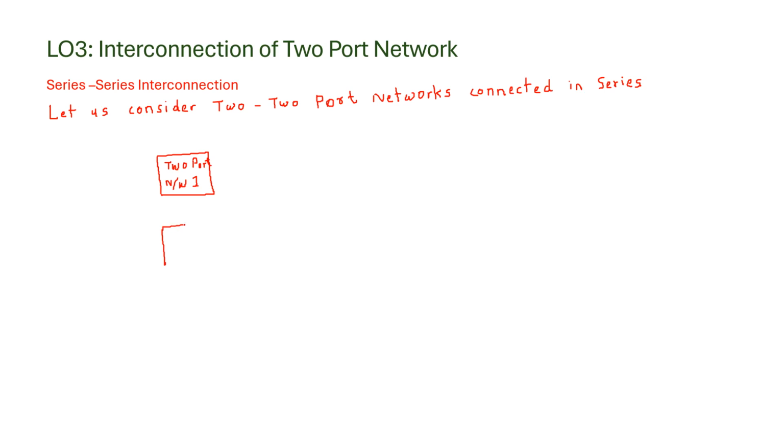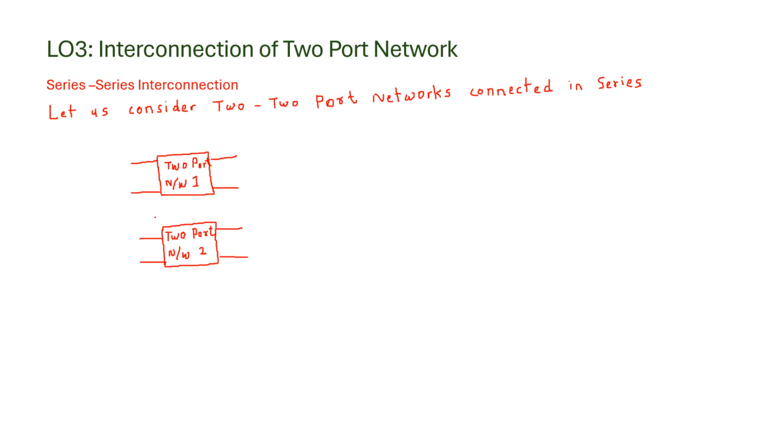Then let us have another two-port network. Let us name it as 2. And we have this input port to these networks. This is the output port. This is the input port. And let us have the output port like this.